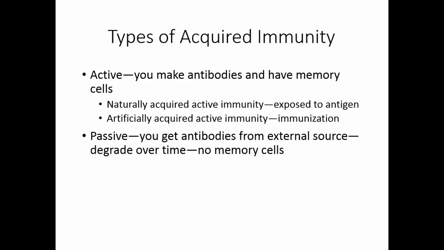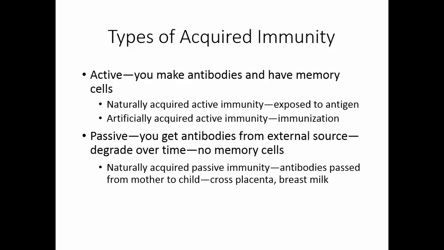In passive immunity, you get antibodies from some external source. Because these are proteins, they degrade over time, and you didn't make them yourself, so you have no memory cells. So this is a temporary kind of immunity. Naturally acquired passive immunity is the immunity a mother passes to its child. Remember, those IgG antibodies can cross the placenta.